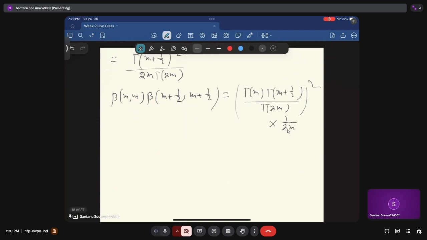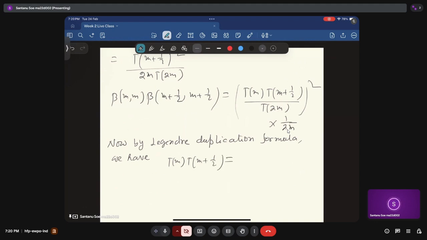So now by Legendre duplication formula, we have gamma of m times gamma of m plus 1/2.